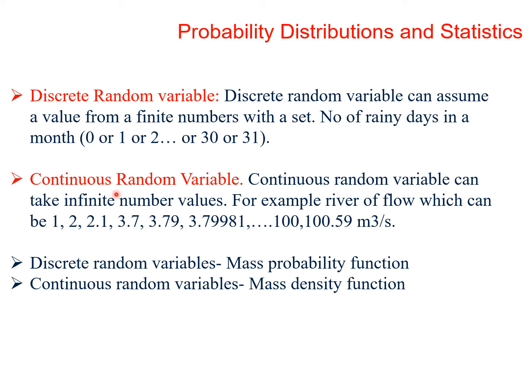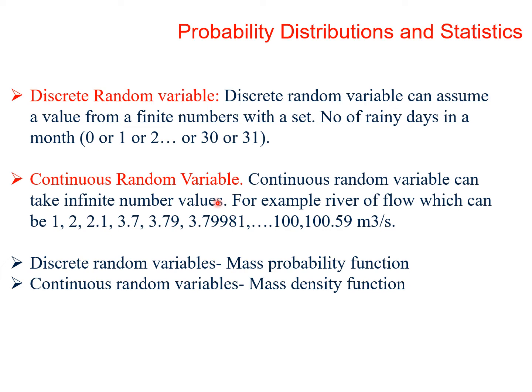For example, river flow can take 1 meter cube per second, 2 meter cube per second, 2.1, 2.15, 3.7, 3.771, and so on. There are infinite numbers of values in between, and if the variable can take infinite values, then it is called a continuous random variable.